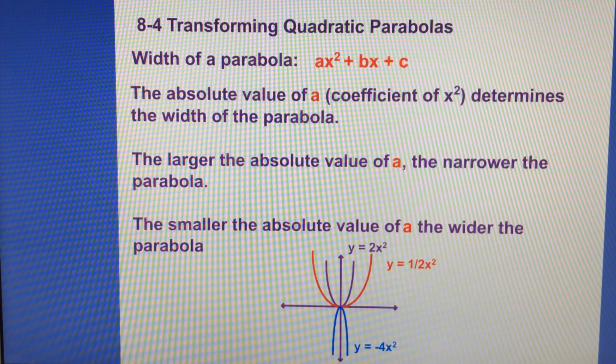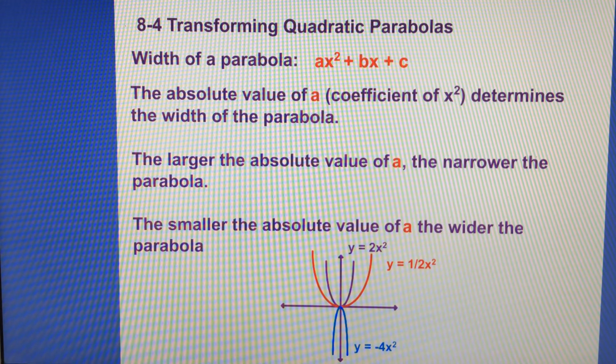The width of a parabola. All right, ax squared plus bx plus c. The absolute value of a, the coefficient of x squared, determines the width of the parabola. So that a, the coefficient, decides how wide it will be. The larger the absolute value of a, the narrower the parabola.